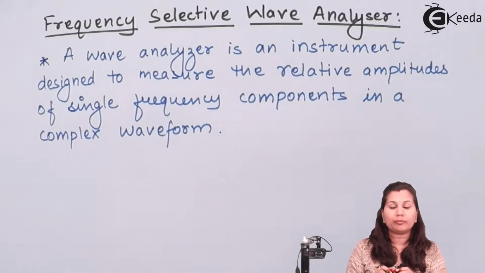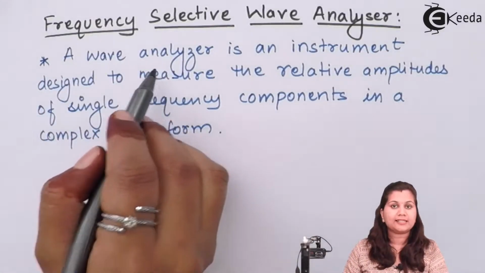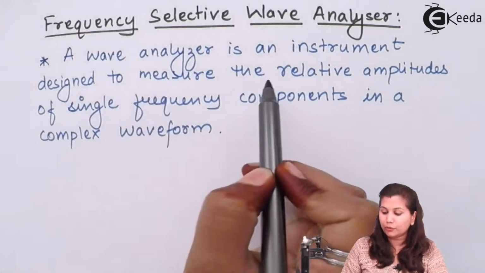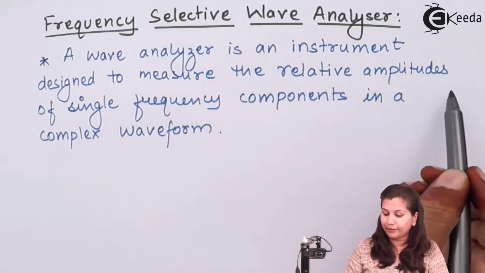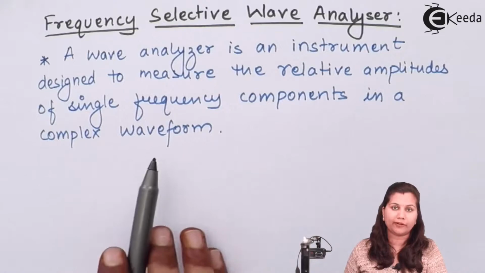Now, if we want to measure the characteristics over a particular single frequency, then we use wave analyzers. Wave analyzers are signal analysis instruments designed to measure the relative amplitudes of single frequency components in a complex waveform.